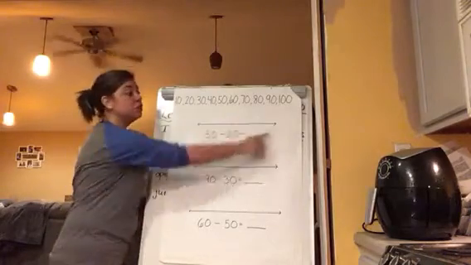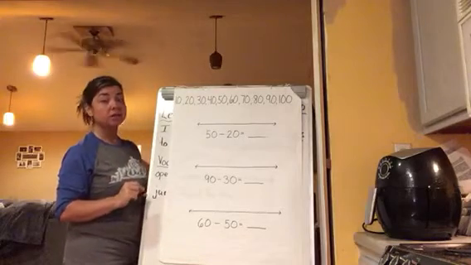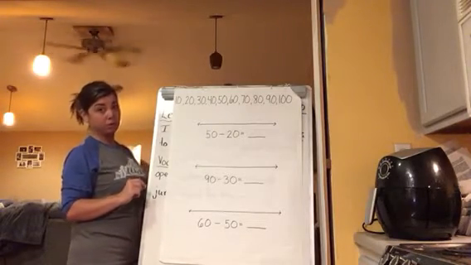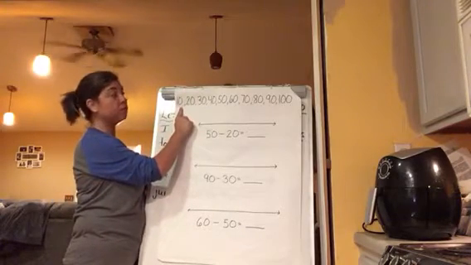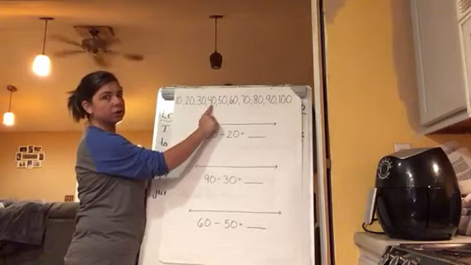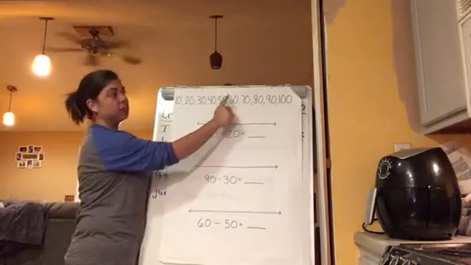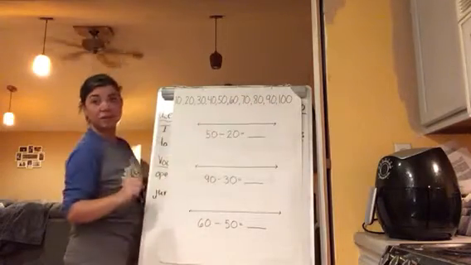So that's why there's nothing on this open number line. You have to use the equation to figure out what to put on the number line. Now, up at the top, you notice that I've written the numbers 10, 20, 30, 40. What comes next? 50, 60, 70, 80, 90, 100. Very good.